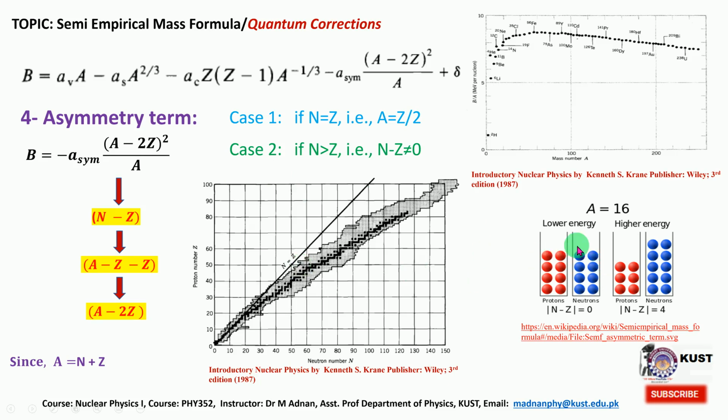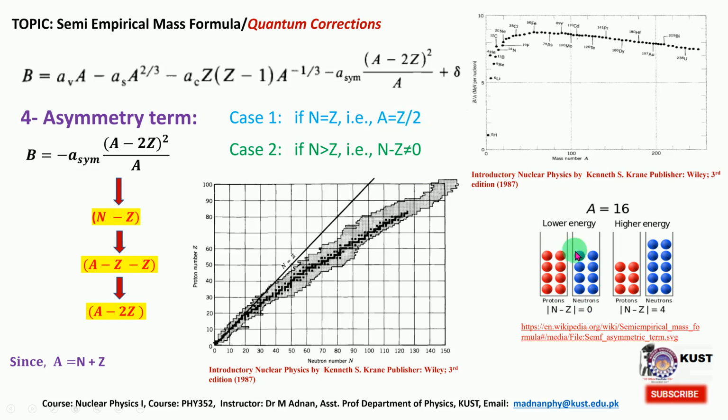As an example, we have two systems. Let's say A is equal to 16, that is, the mass number is equal to 16, and we have one system in which the proton number and the neutron number are equal. That is, N minus Z, as I have explained here, is equal to 0. That is the case where N equals Z equals A by 2.